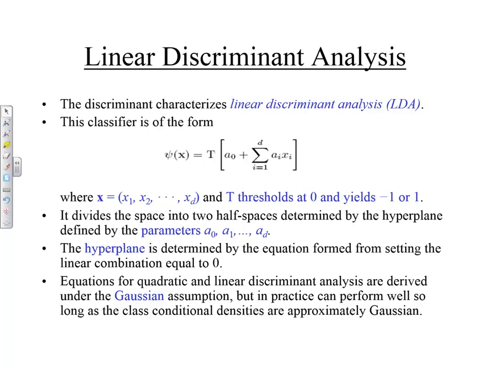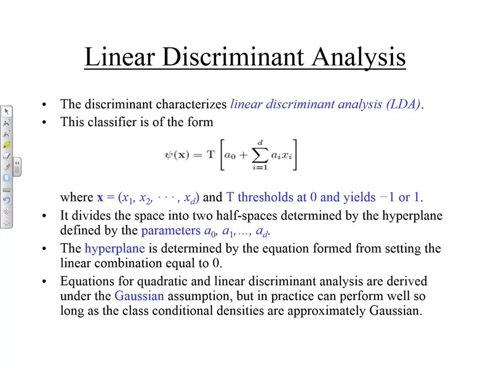And this classifier will be of this form, where the class label that it spits out corresponding to a feature vector is basically a linear combination of the components of that feature vector, plus some constant, and then you threshold this. Here x is x1, x2 up to xd, the components of the feature vector, and t will threshold at 0 and yield a -1 or a +1.